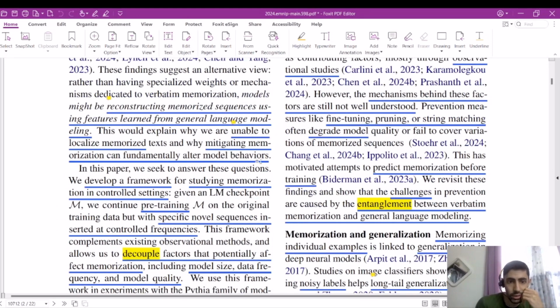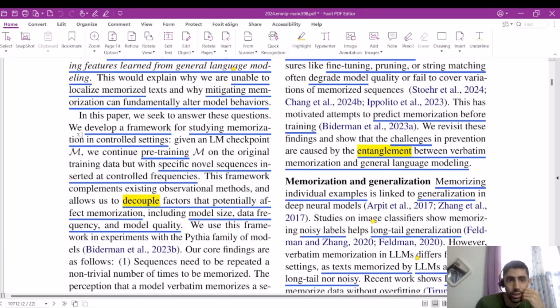In this paper, we seek to answer this question. We develop a framework to study memorization in a controlled setting, in order to have a better separation between the factors that are potentially the reason for verbatim memorization.